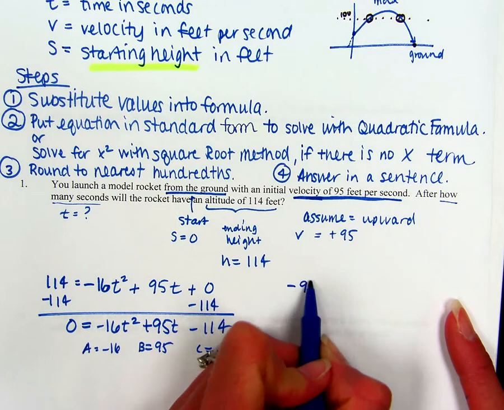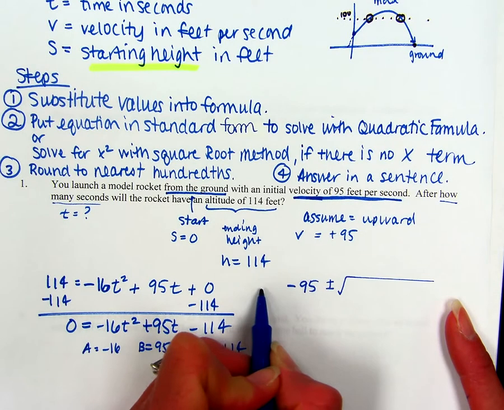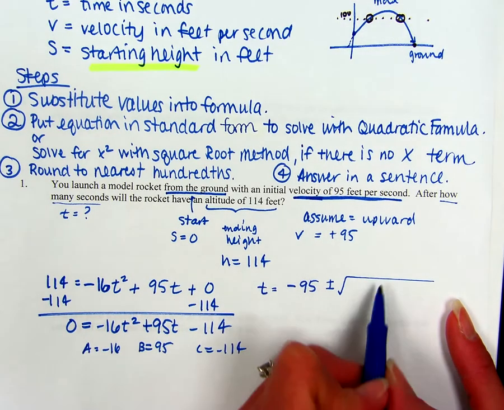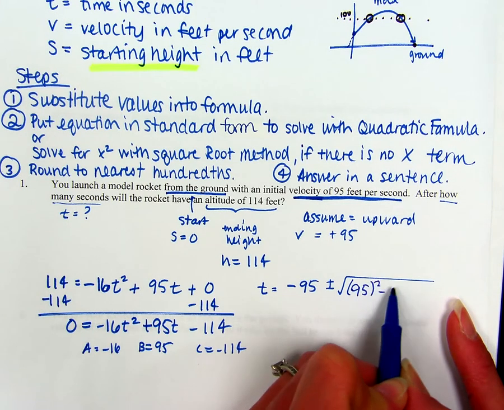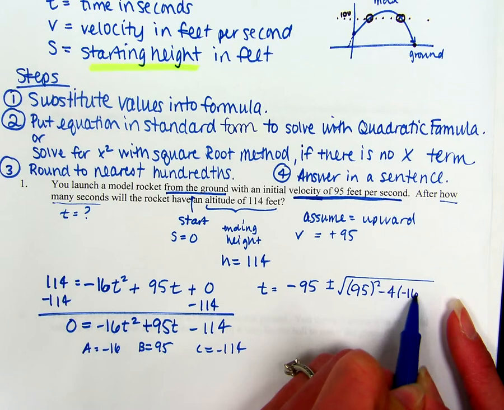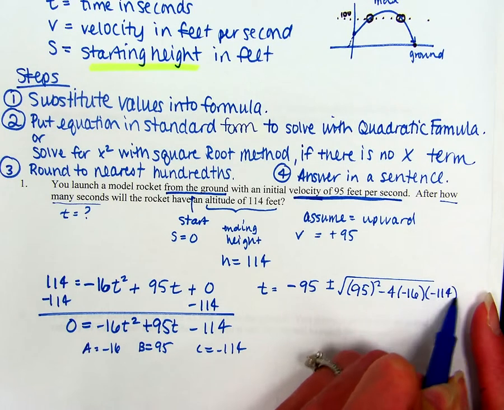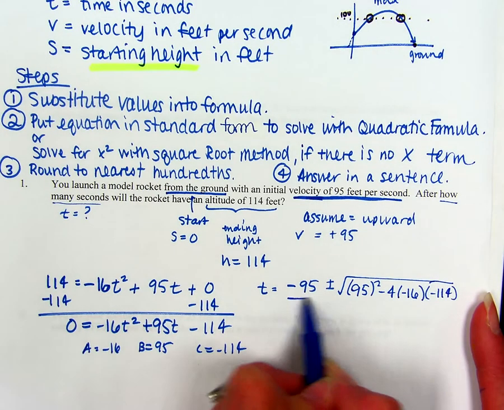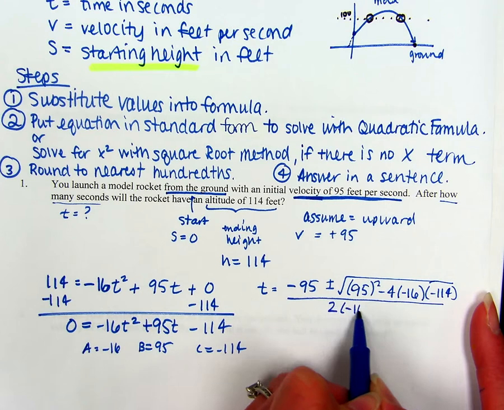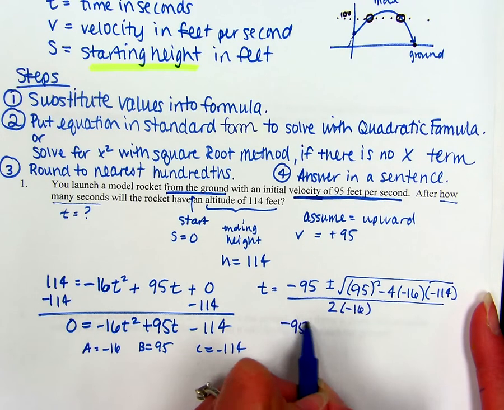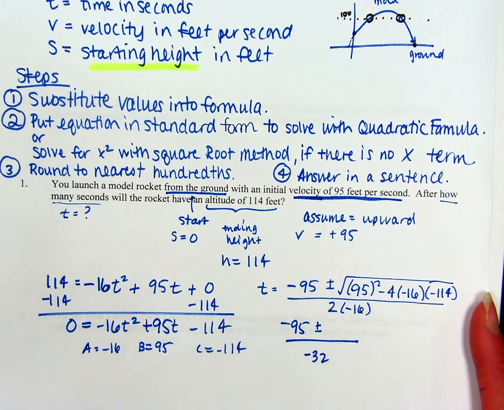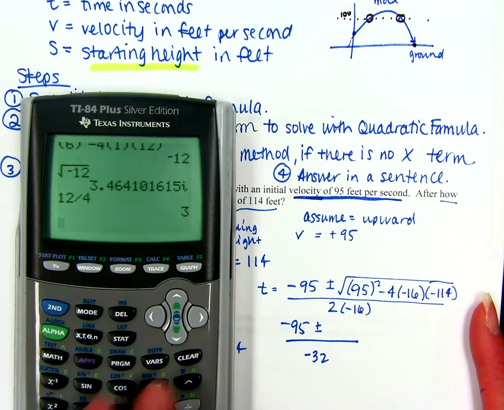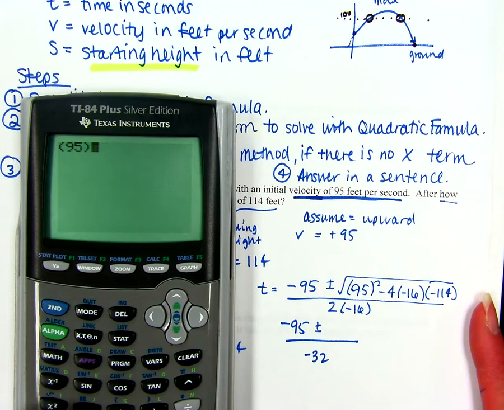So we have negative b plus or minus, we'll call it t equals instead of x equals, the square root of 95 squared minus 4 times a times c, all over 2 times a. All right, so negative 95 stays as is. 2 times negative 16 is negative 32. And then this we're going to substitute into our calculator just like we did before. So leave off the radical part.